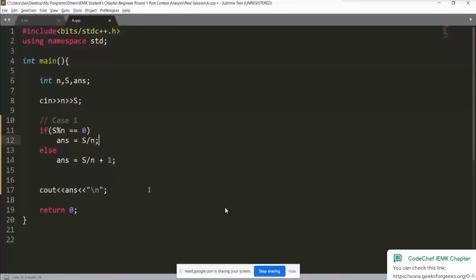Just one more thing I would like to tell you: when you're solving problems, don't try to prove the result mathematically, because that at times becomes a bit too complex. You just try to follow your intuition, like it might occur to you that this should work. After that, on your pen and paper, you try out all the test cases, and if your logic works for all the test cases, then you just go and code it.